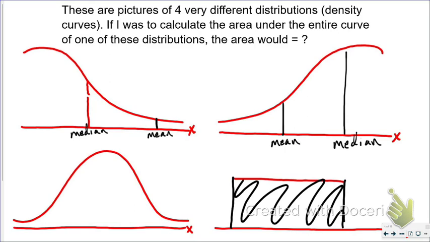On a symmetric graph, this one is similar to the Iowa test score data, the mean is approximately equal to the median. And then for this weird box-shaped distribution, it is also symmetric, so I know the mean is approximately equal to the median.